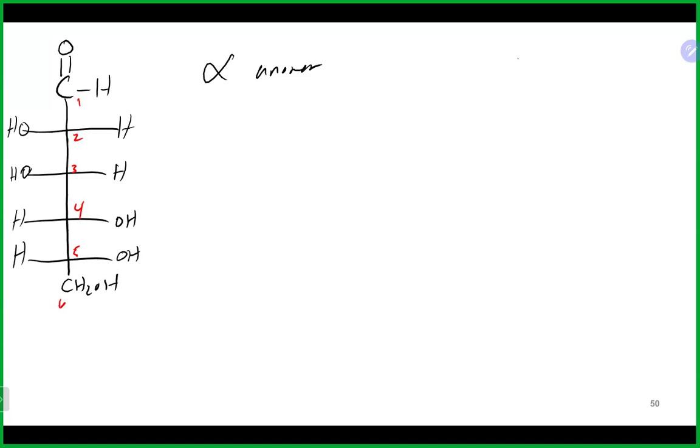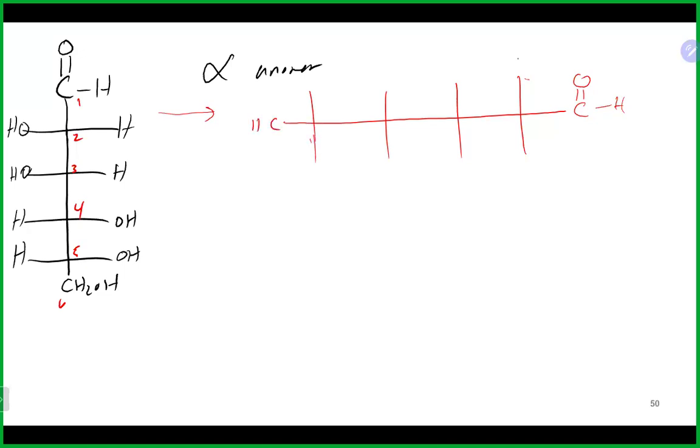Once again, if it's easier for you, you can drop it on its side. And basically, if you want to redraw it, we'll end up with 1, 2, 3, 4, 5, and our CH2OH.